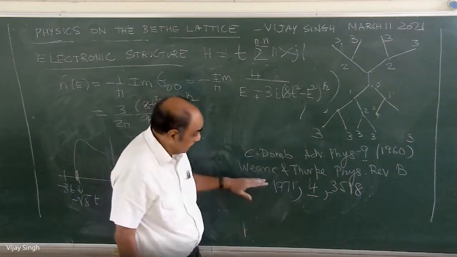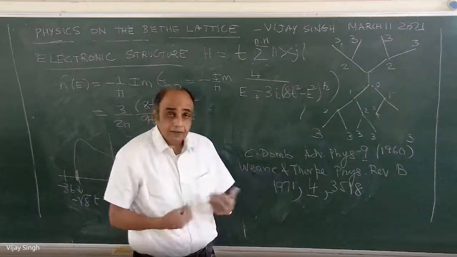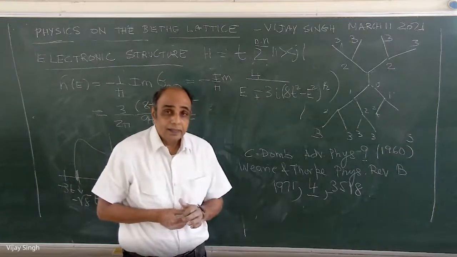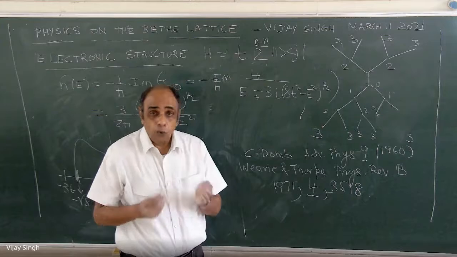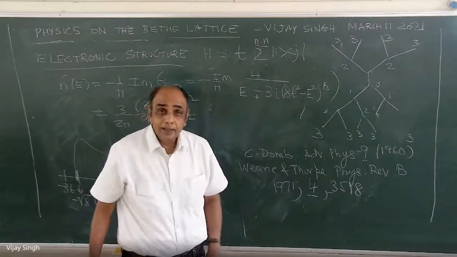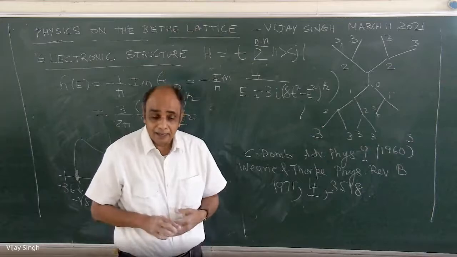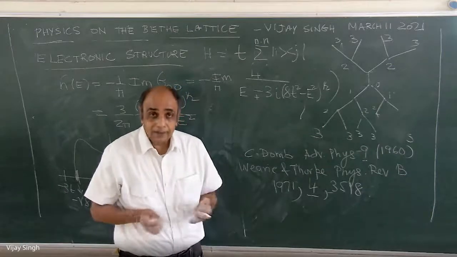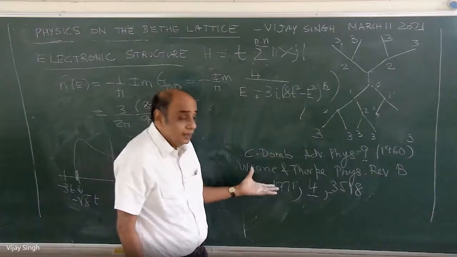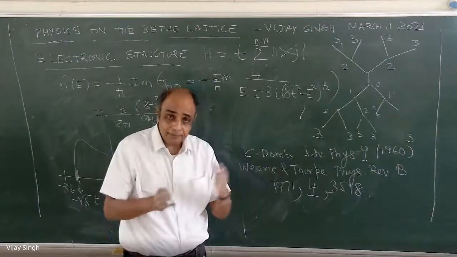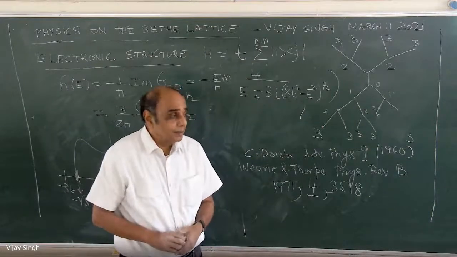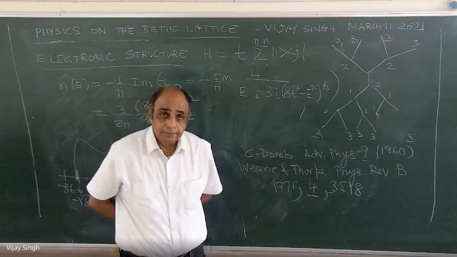The second is basically a demonstration that if you take the 4-band Hamiltonian, not a single band, and work out the Bethe lattice electronic structure for Z equal to 3, 4-fold coordination, then you would get a band gap. They demonstrated it, and so the work became famous, at least for a while.